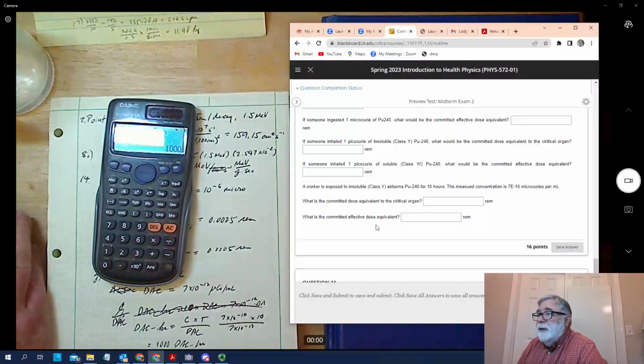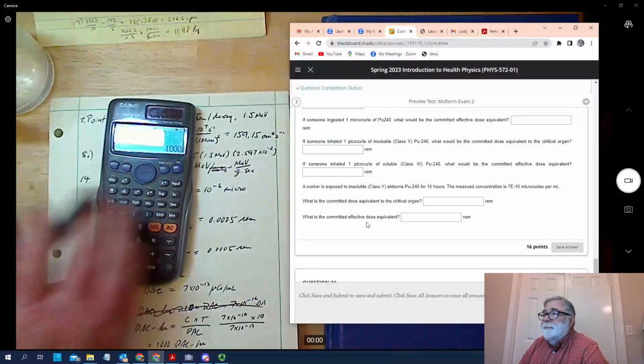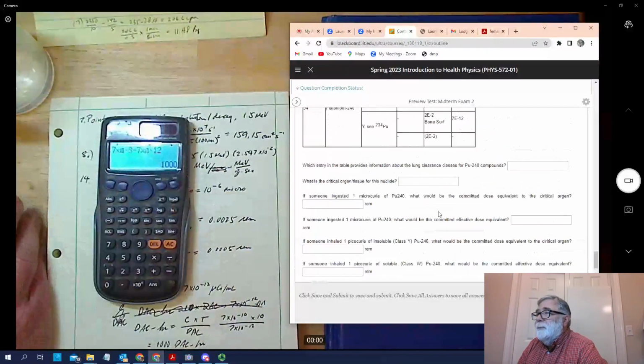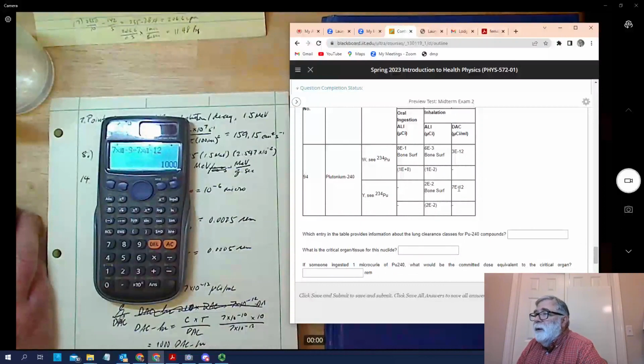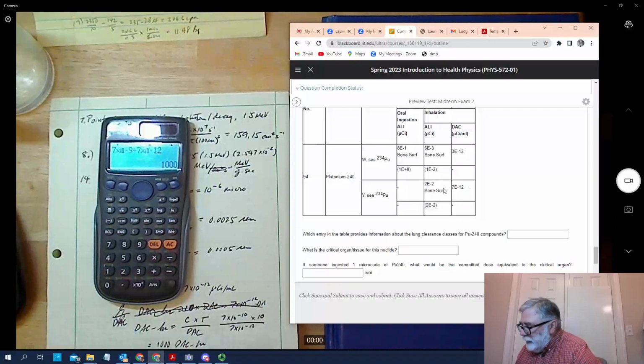H, we want to do the same thing, but for the whole body. Okay? So we have to go back up here and see how we're going to figure that out. Well, the DAC is the same. The DAC for the whole body is 7 times 10 to the minus 12. So the DAC hours is the same. We still have 1,000 DAC hours because we have the same DAC. So C times T over DAC is still equal to 1,000 DAC hours.